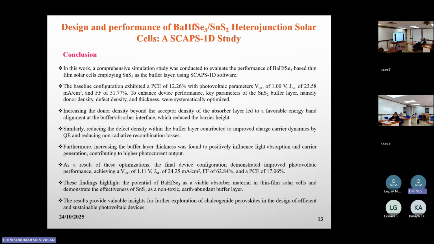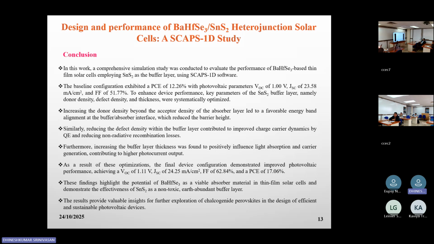Increasing the donor density beyond the acceptor density of the absorber layer is favorable due to the band alignment, and similarly reducing the defect density within the buffer layer improved the charge carrier dynamics. Furthermore, increasing the buffer layer thickness positively influenced light absorption and carrier generation, contributing to higher photocurrent output.